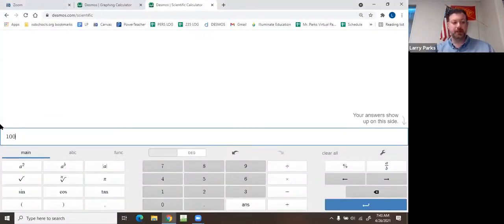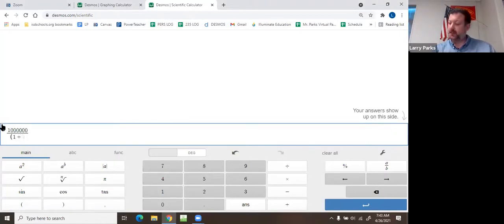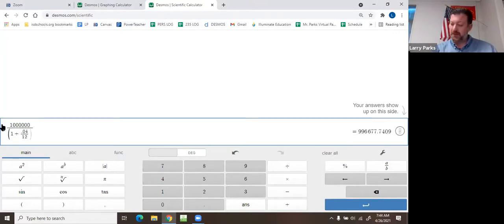$1 million. Wish I had $1 million. 1 million divided by 1 plus 0.04 divided by 12 raised to the, and I must put this in parentheses too, 12 times 30. Let's see if this makes sense. How much money, 4% monthly, and you're leaving it in the account for 30 years?